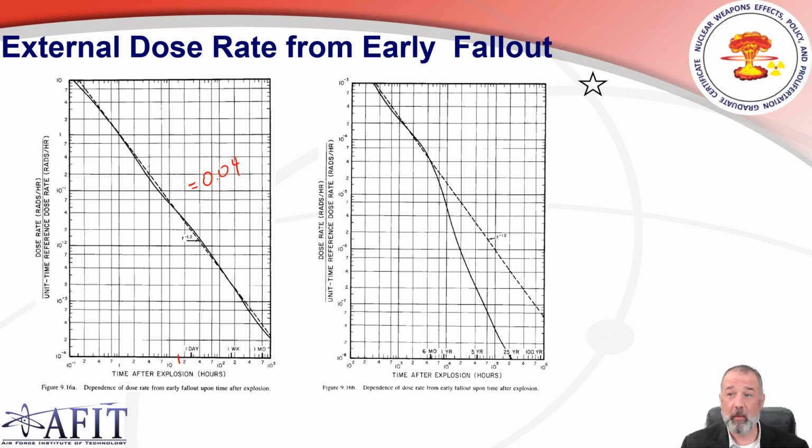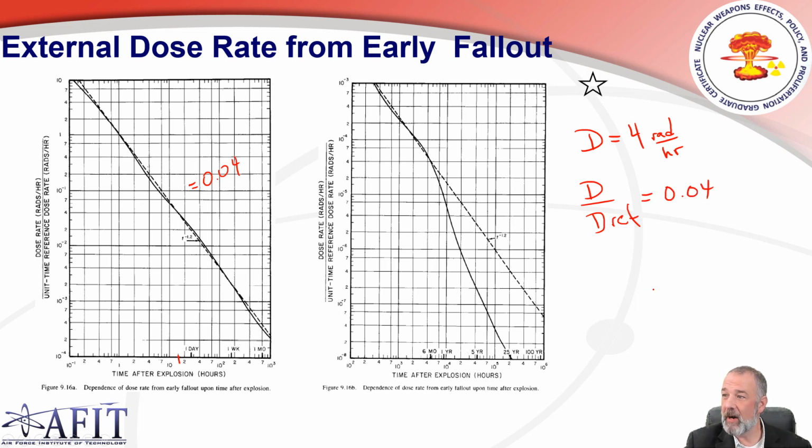So how do we use this value? Well, what we're reading here is dose rate over some reference dose rate. We know our dose rate, which is equal to the 4 rads per hour that we were given. What we just read off the chart is our dose rate over our dose reference, and that's equal to our 0.04.